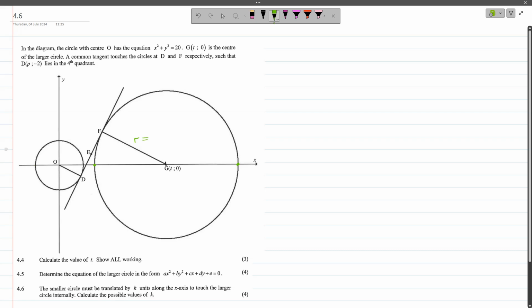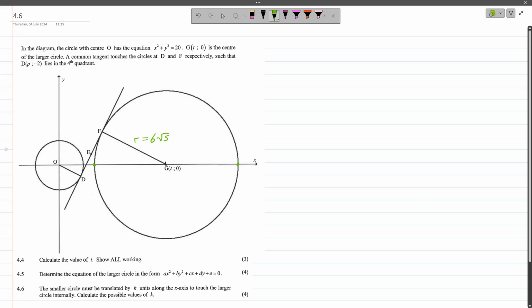So the radius of this one would be the square root of 180, which would be 6 root 5. So we know that 20 minus 6 root 5 will give us this point over here.